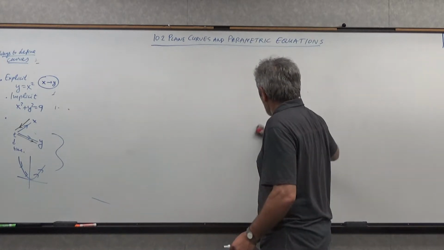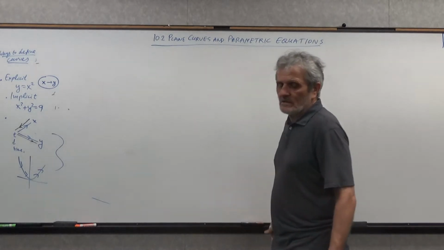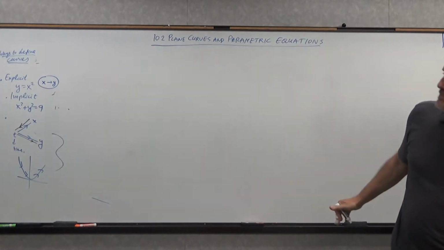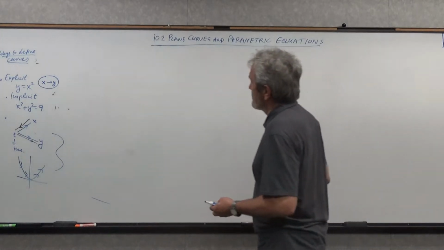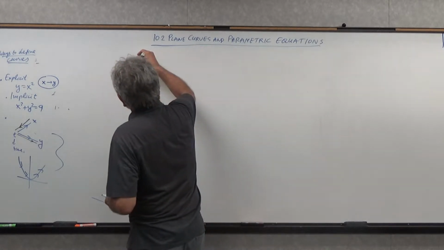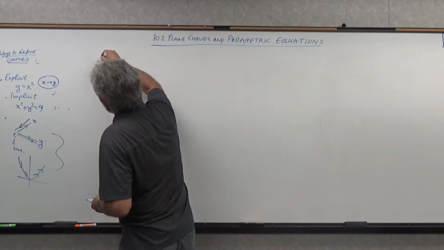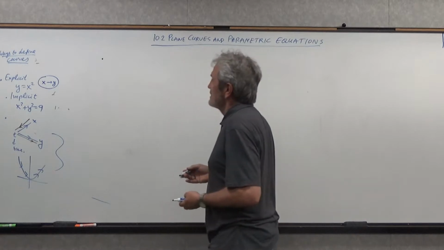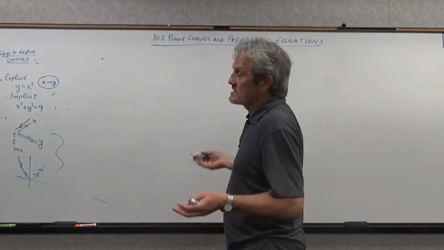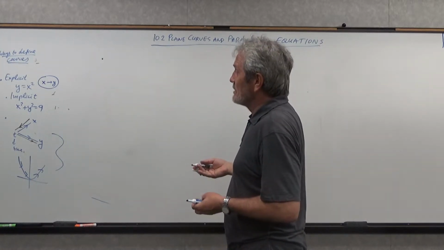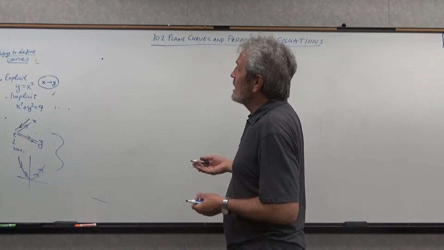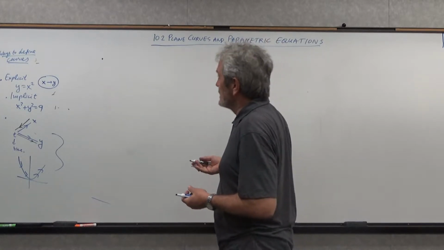So the most important curves that we analyze in pre-calculus and in calculus, I would say, are the line and the circle. So let's see how we do the parametric equation of a line.